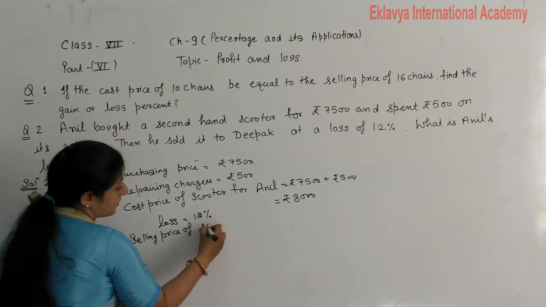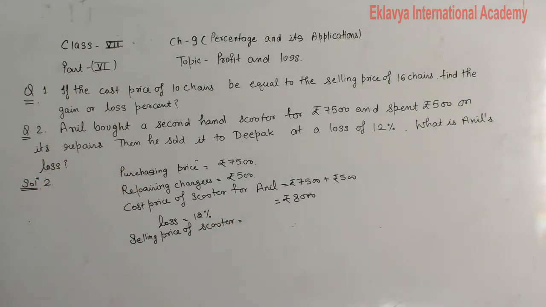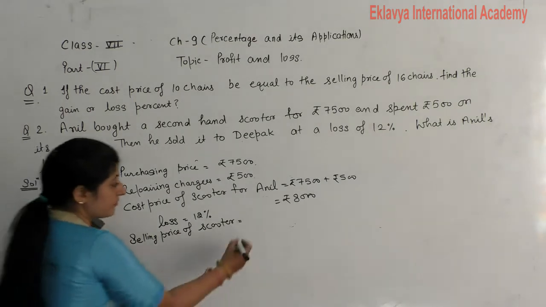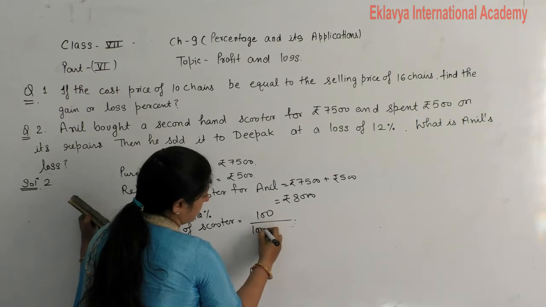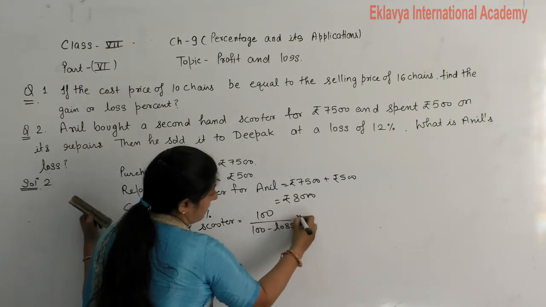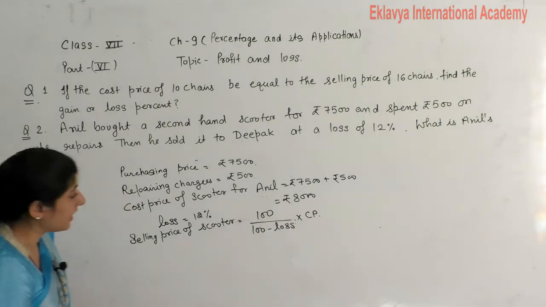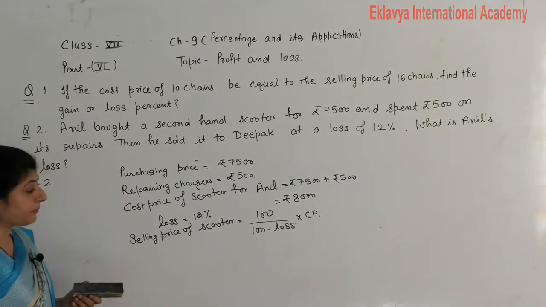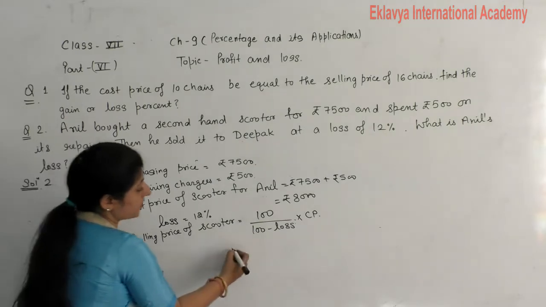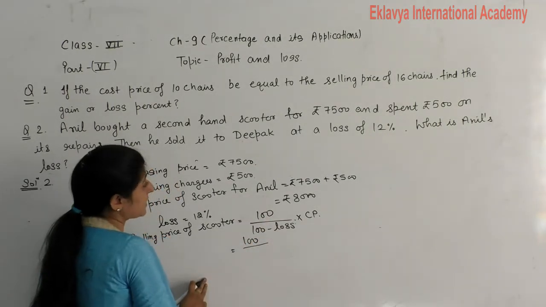Since there is a loss, obviously the selling price of the scooter is less than the cost price. We can say selling price is 100 upon 100 minus loss multiplied by CP.